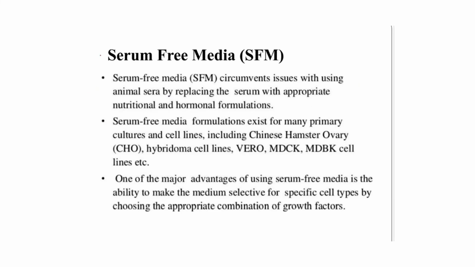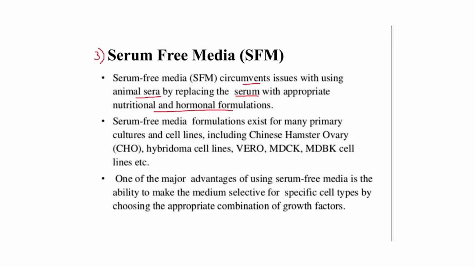The third type of media that we have is serum free media. Now these types of media circumvent some issues with using animal sera by replacing serum with appropriate nutritional and hormonal formulations. So serum free media means you don't have to use serum here. What do they use instead of serum?